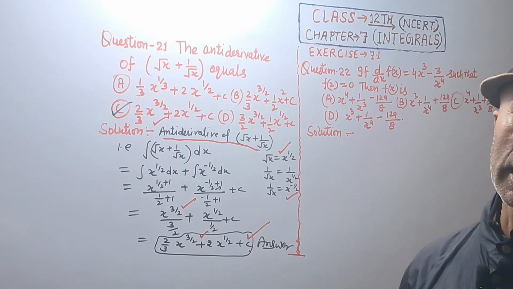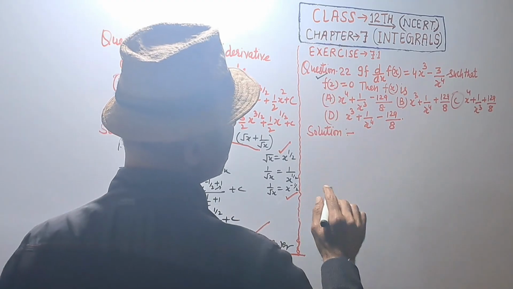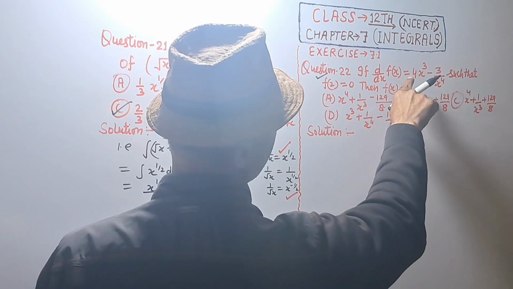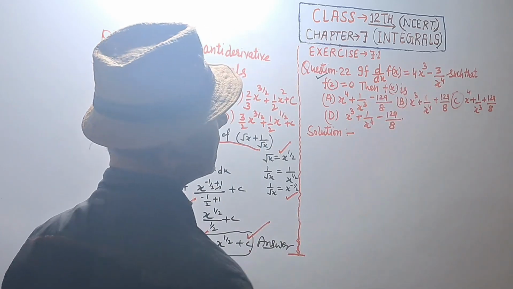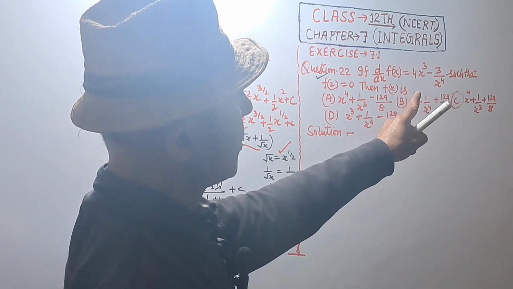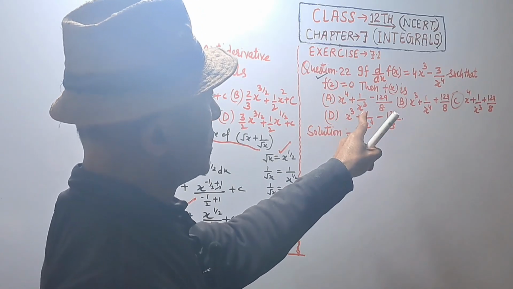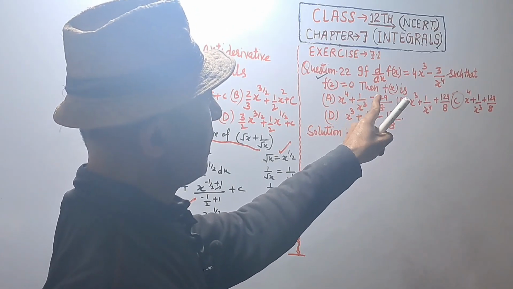Option C is correct answer. Question 22 is: if d/dx of f(x) equal to 4x raised to power 3 minus 3 upon x raised to power 4, such that f of 2 equal to 0, then f(x) is.